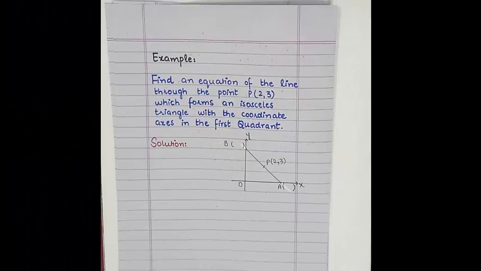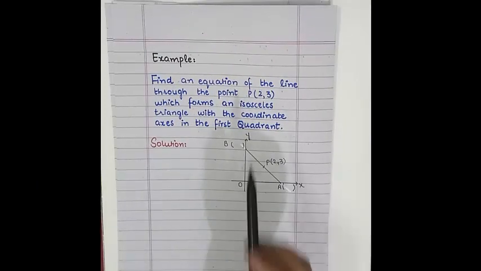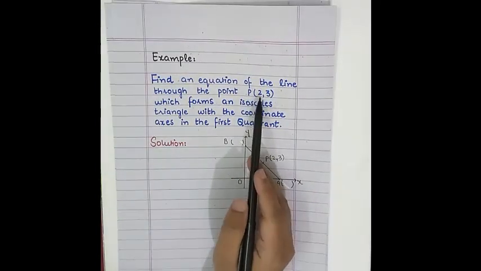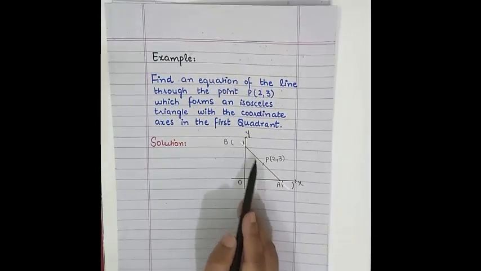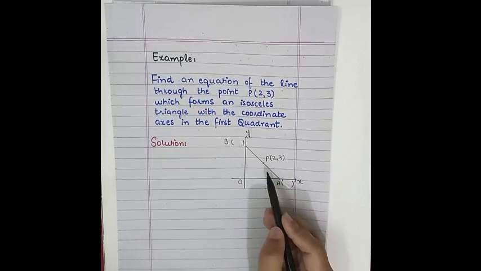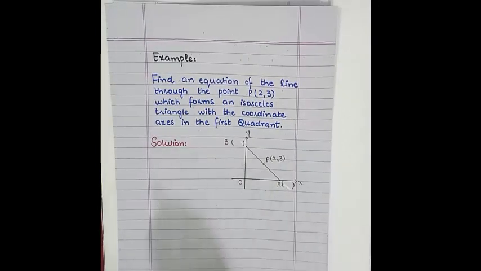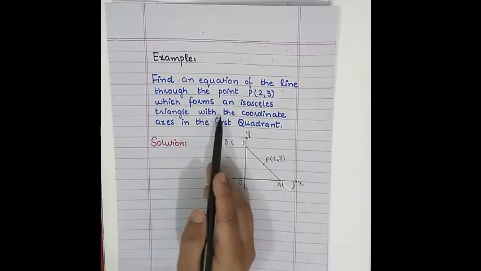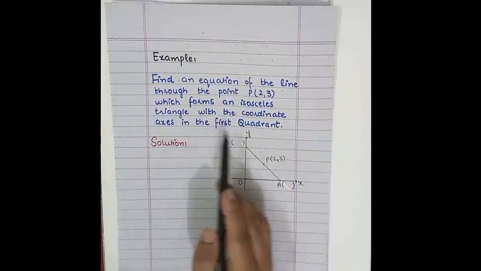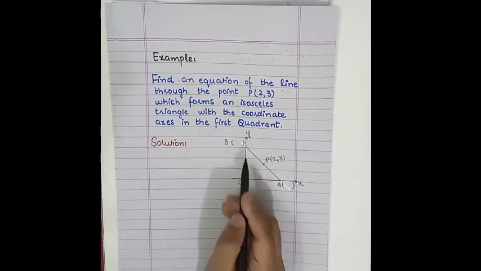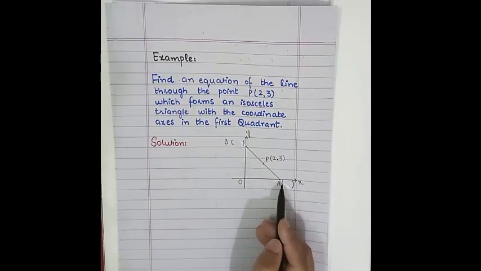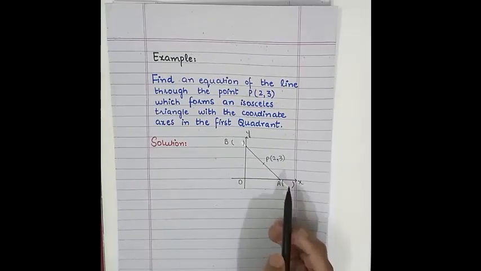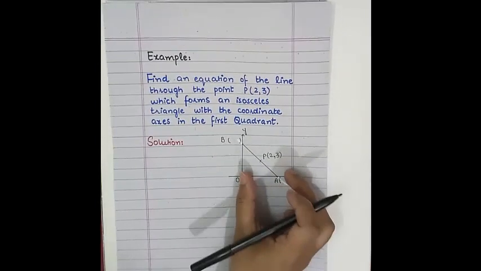The next example is: find an equation of the line through the point P whose coordinates are (2, 3). So this is the line and it is passing through a point with these coordinates, which forms an isosceles triangle with the coordinate axes in the first quadrant. This line is forming an isosceles triangle with the coordinate axes, restricted to the first quadrant.